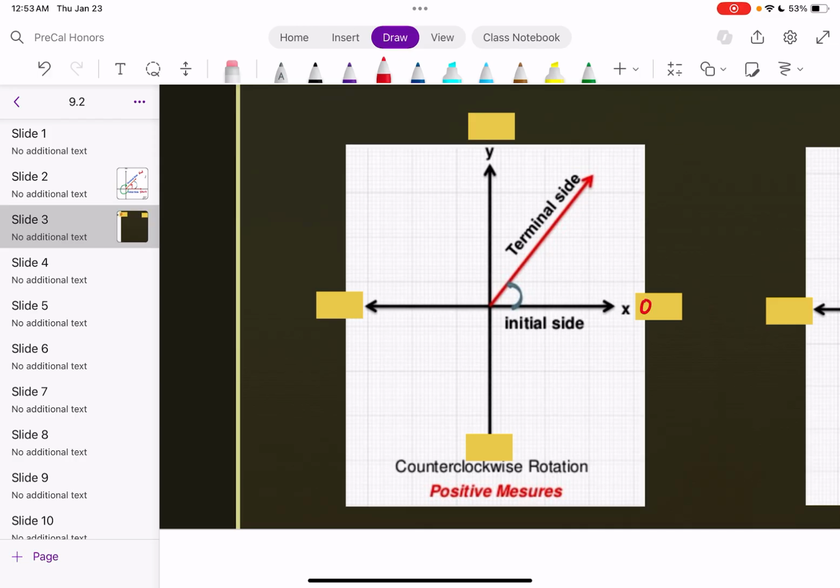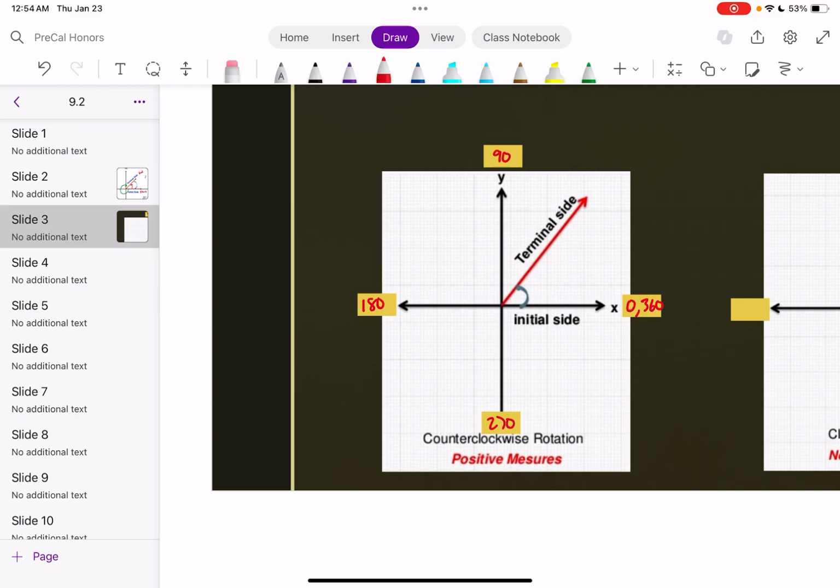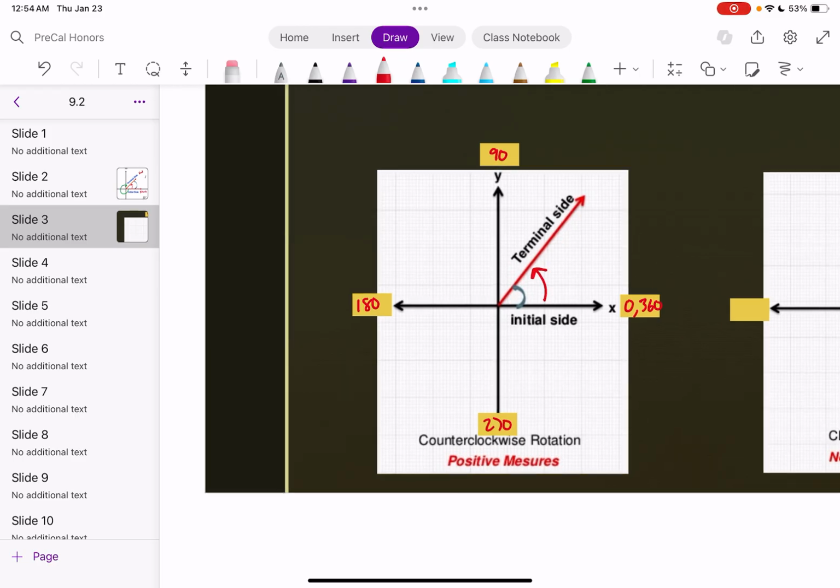We go up to the top, which would be 90 degrees, 180 on the left, 270 at the bottom, and 360 would be once we've made a full revolution all the way through each one of our quadrants and back to the initial side that you started with. This angle here, because we are going up into our first quadrant, this would be a positive angle.